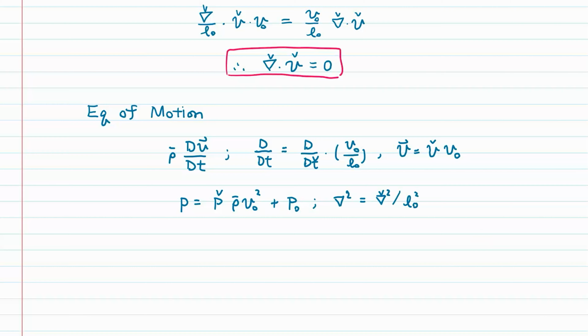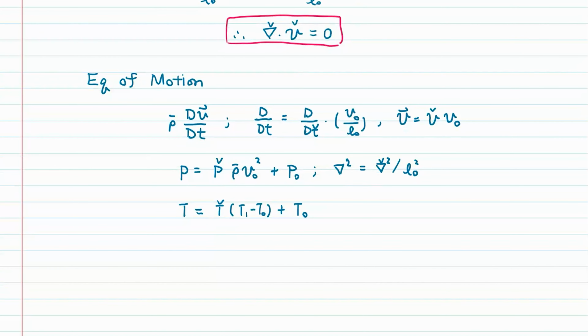Okay, and then we have the temperature term. So the temperature equals a dimensionless temperature times T1 minus T naught plus T naught. Now we want to plug these back into our equation of motion, right?